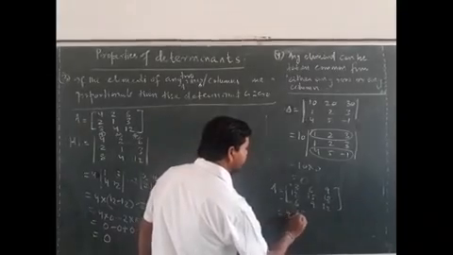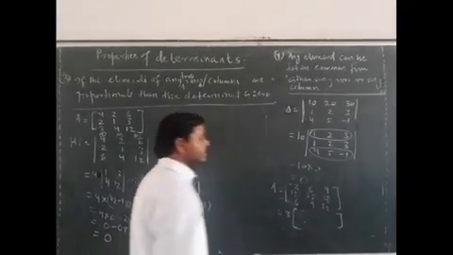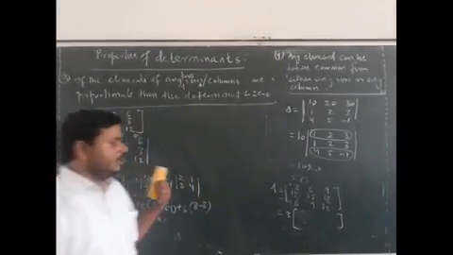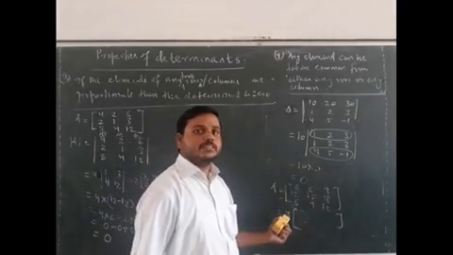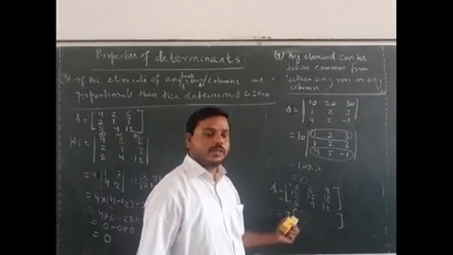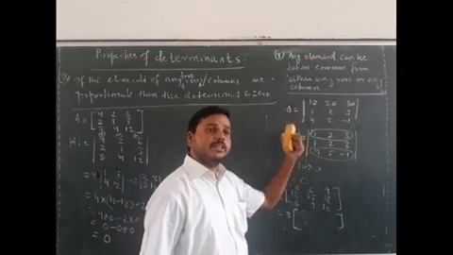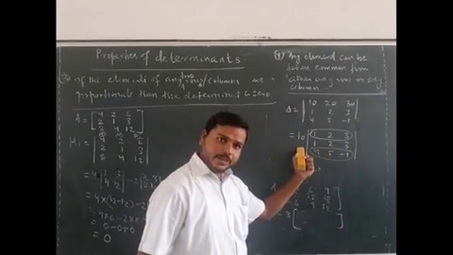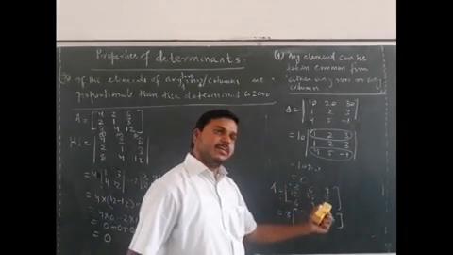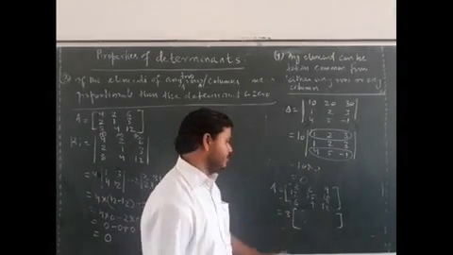If I take 3 common, then I have to take 3 common from all elements. All elements means all the entries, not one row or one column. For a determinant I have to take from either any one row or any one column, but for a matrix I have to take common from all the elements.